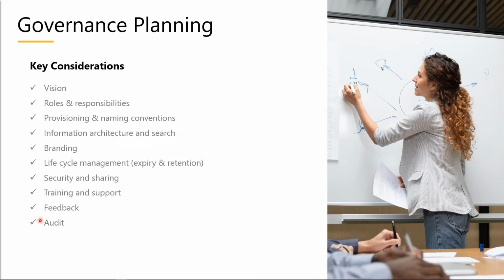And finally, audit. A successful governance mainly depends on how you implement it and monitor it. So have a clear-cut audit plan and assign roles and responsibilities for that. So observe securely and efficiently how the Microsoft 365 platform is being used across your organization.